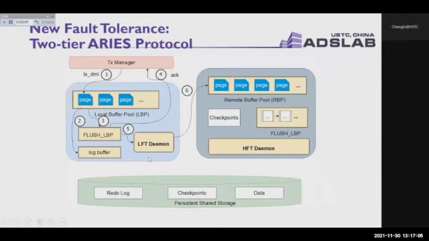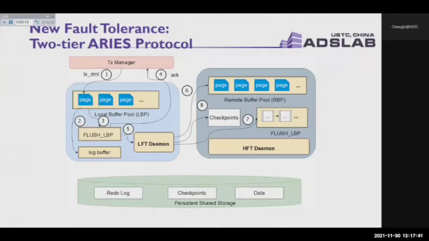We have a lightweight fault tolerance daemon running on the compute node. It periodically checks the flush LBP and gets the list of dirty pages that need to be flushed. Once identified, it writes the new data to the remote page, because they are cached, right? Then it creates a checkpoint, writes to the checkpoints, and also adds the list of dirty pages to the flush list maintained by the remote site.